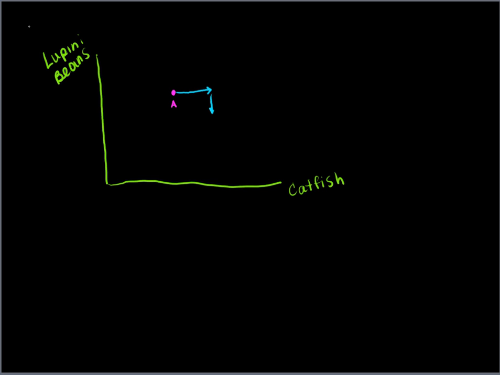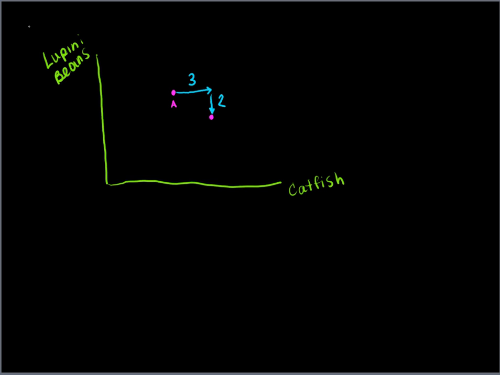Okay, so if we gain 3 more catfish fillets in my economy, then we will have to give up 2 jars of lupini beans. And that will take us to a new point that's efficient in production.